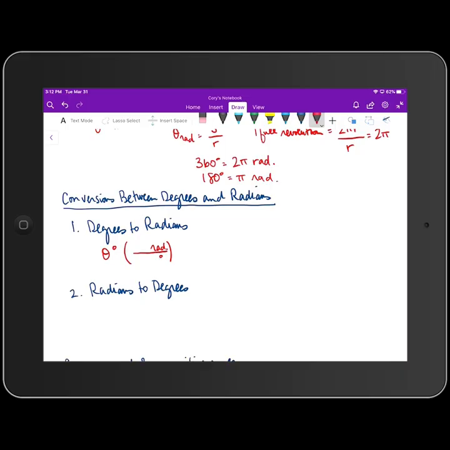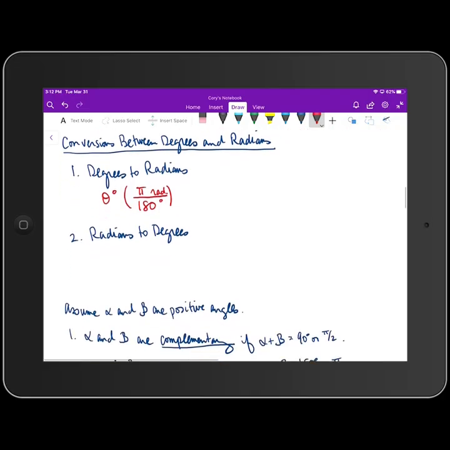And we know that pi radians is equal to 180 degrees. So I can write pi in the numerator and 180 in the denominator. So if I want to convert from degrees to radians, I take my angle measure in degrees and multiply it by pi over 180.